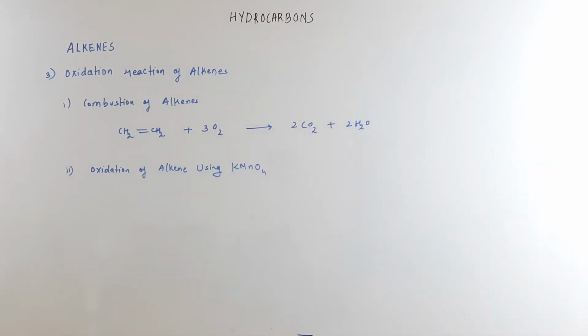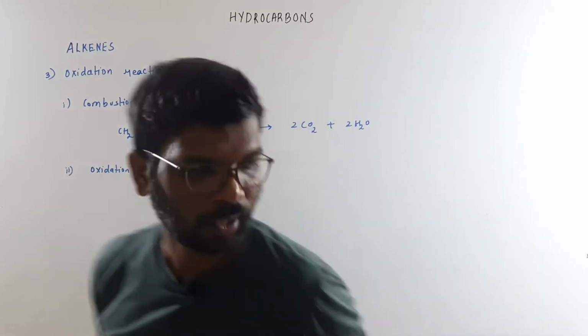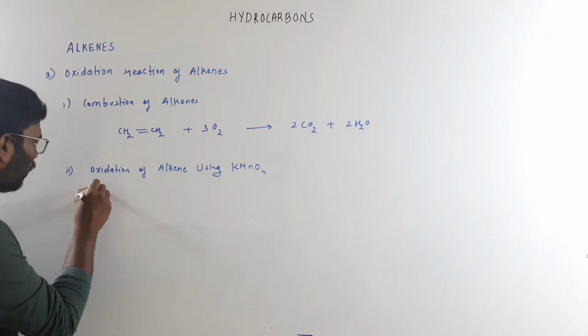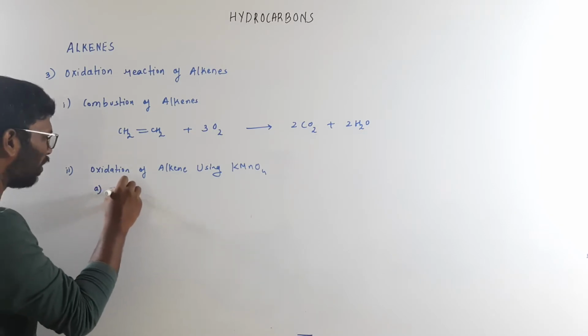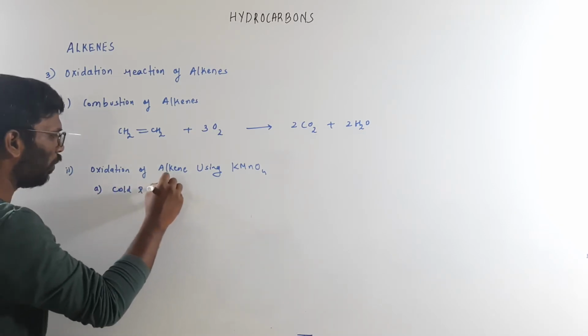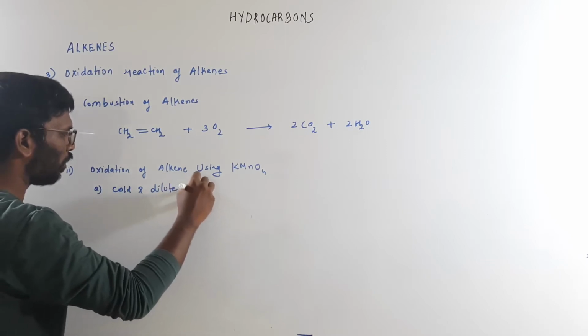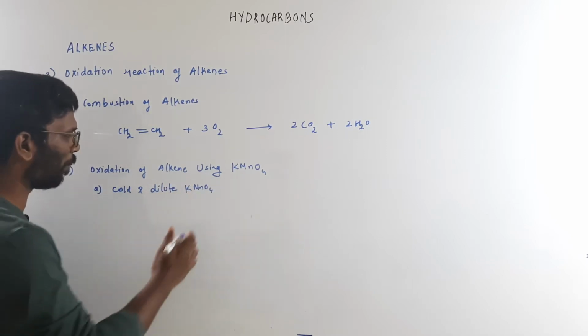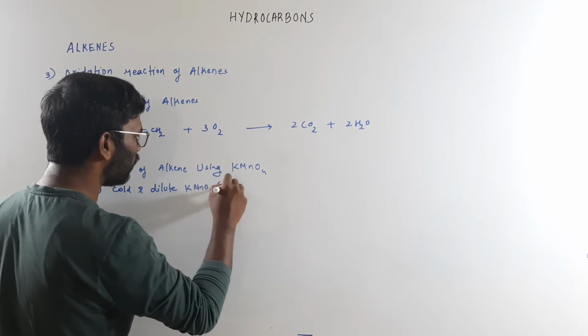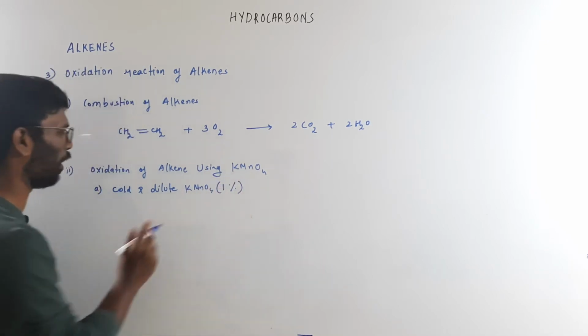One is cold, dilute KMnO4, that is potassium permanganate, and the concentration is 1% KMnO4.